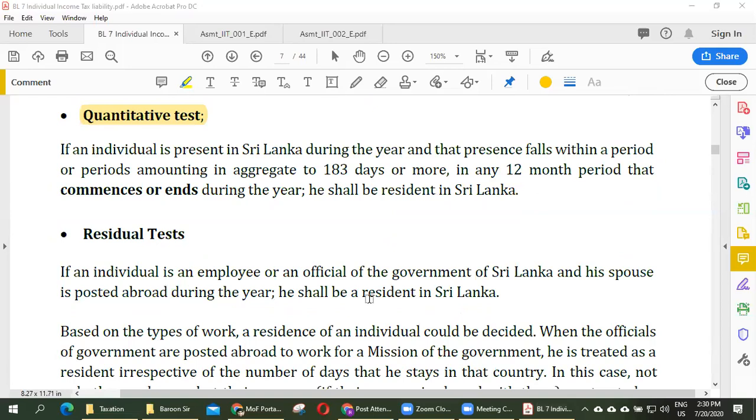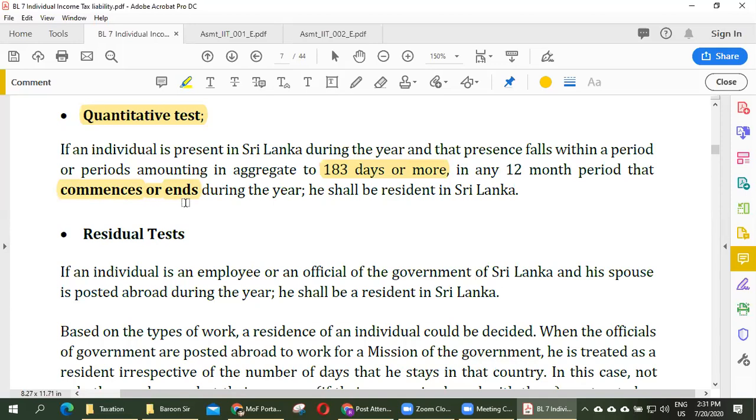If an individual is present in Sri Lanka during the year and the presence falls within a period amounting in aggregate to 183 days or more in any 12-month period that commences or ends during the year, he shall be a resident in Sri Lanka.